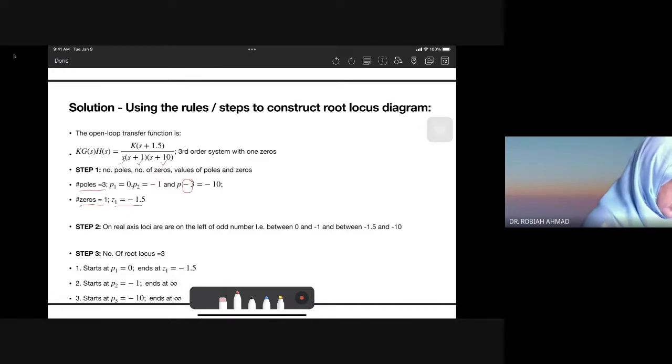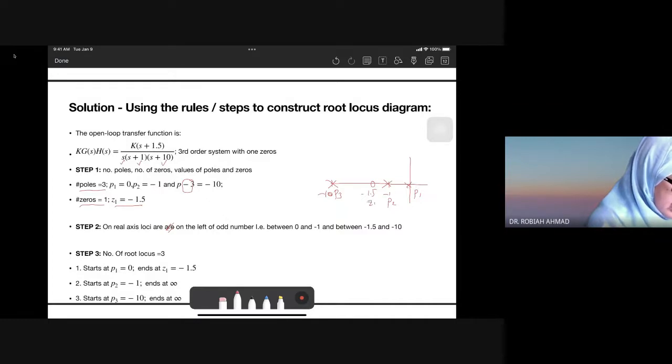On the real axis, loci are on the left of the odd numbers. So let us try to draw that. We have P1 here, negative 1 is P2 here, and then we have negative 10, P3 here, and somewhere here at negative 1.5, we have Z1.